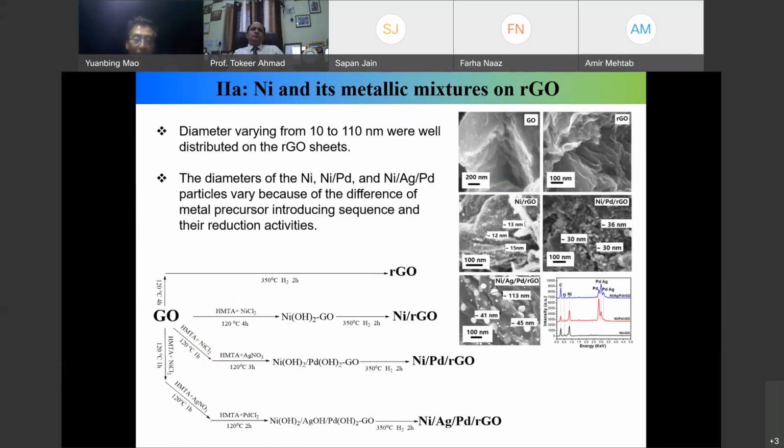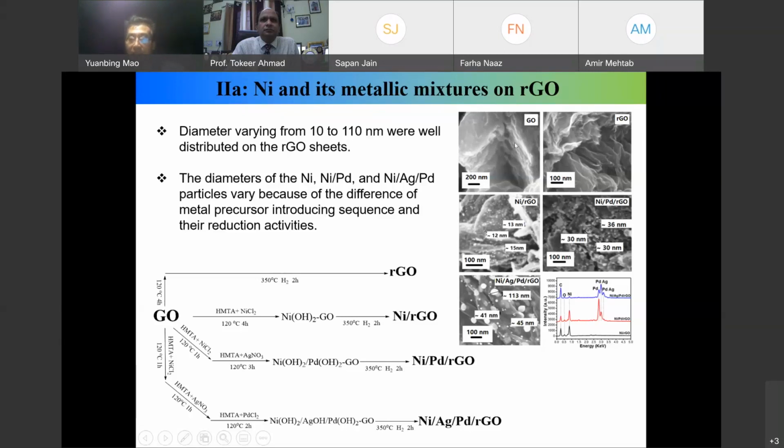Here it is functionalized with nickel, and we went through the same process: reduced the graphene oxide, and then for this one, other than nickel, we also added silver. I believe there's a typo here. And then the other one is, other than nickel and silver, palladium. So we got these three metals on the surface.